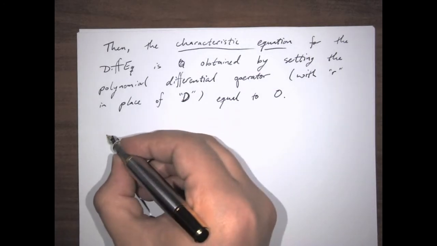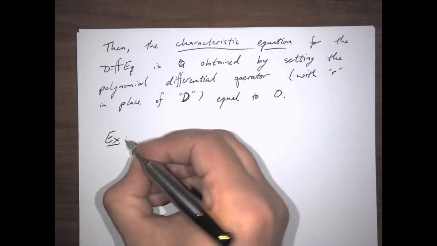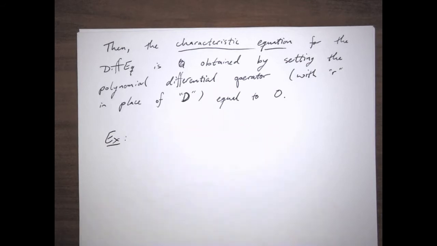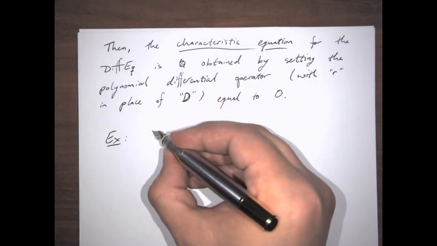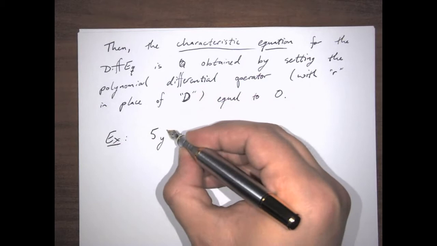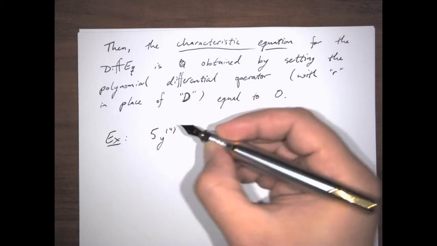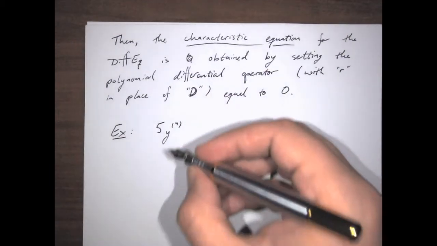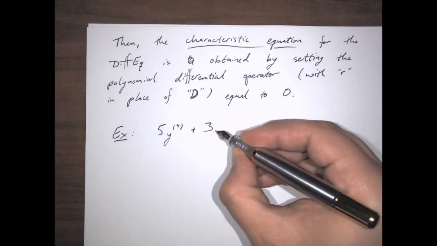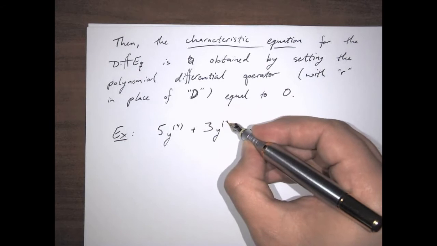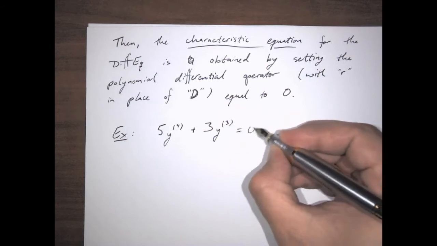So as an example, let's say we took something like this. 5 times the fourth derivative of y plus 3 times the third derivative of y equals 0.